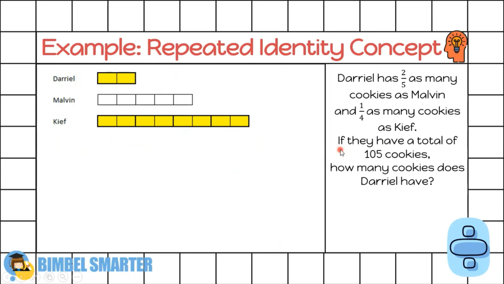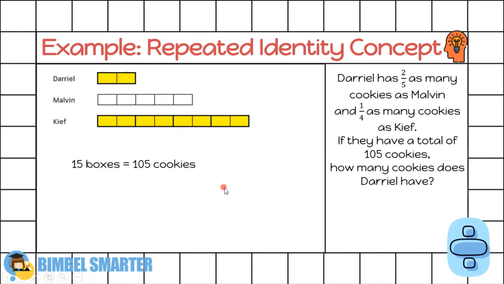Okay, now the next information is that they have a total of 105 cookies. That's our hint. Let's count how many boxes there are. 1, 2, 3, 4, 5, 6, 7, 8, 9, 10, 11, 12, 13, 14, 15. That means 15 boxes equals 105 cookies.